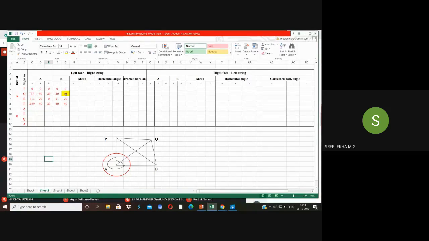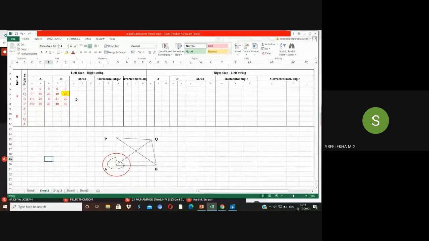Here it is 40, 40. What will be the mean value here? 77, 40, 30. 40, 30. Okay. Similarly, sighting the point B, what is the mean value? 113 degree. Tell fast. 113, 20.5, 10.